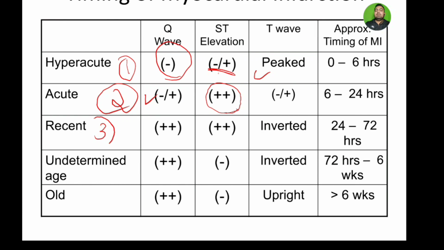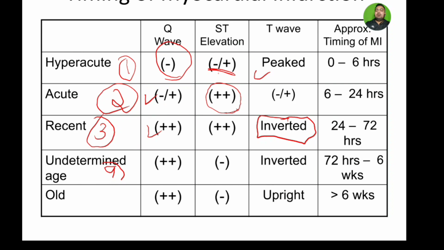Recent MI is the presence of Q wave in most of the ECG, in 3/4 of the ECG of transmural infarction, and ST elevation is almost always present, and the T waves are inverted. It is seen from the first 24 hours to 72 hours, so after the end of the first day to the end of the third day.